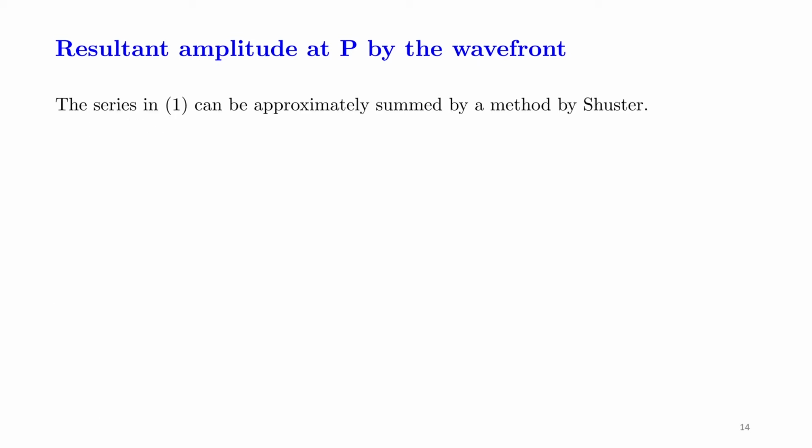Now, the series in equation 1 can be approximately summed by a method by Schuster. That is UP equal to U1 minus U2 plus U3 minus U4 plus the terms in between, and then the final term minus 1 to the power of m minus 1 Um.